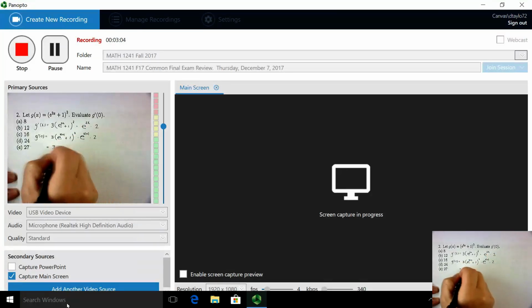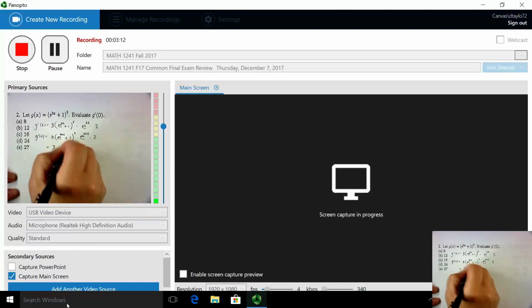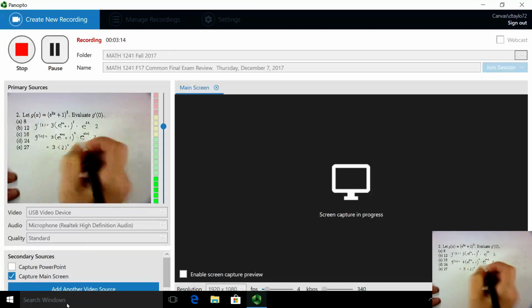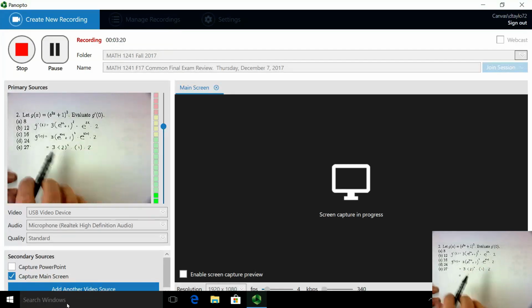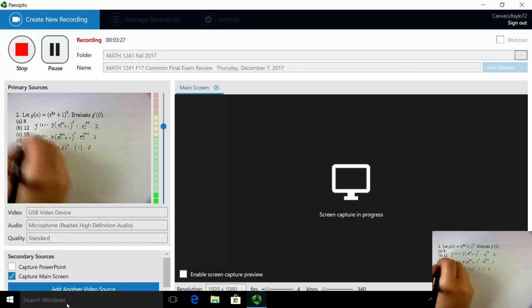Let's see, this is equal to 3 times e raised to the power 0, which is 1. So 1 plus 1 squared, so that'll be 2 squared, times, again, e to the power 0 is equal to 1 times 2. This is equal to 3 times 4 times 2, which I get to be equal to 24. Answer D.